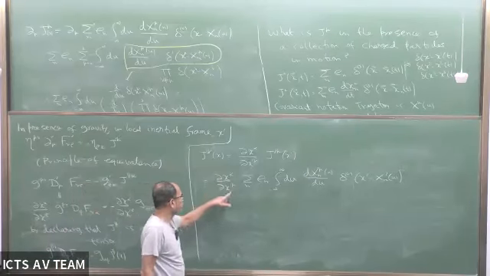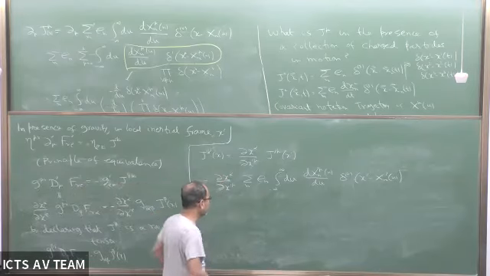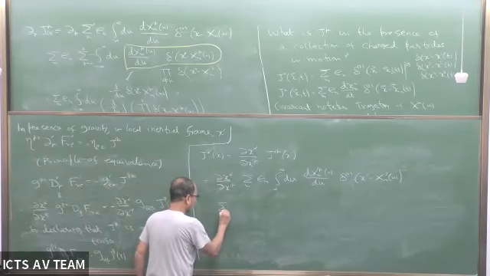Now this is evaluated at an arbitrary point in space. We can bring it inside the sum, of course. Nobody can prevent us from doing that, let me do that step.